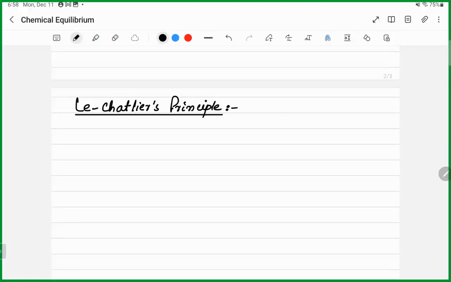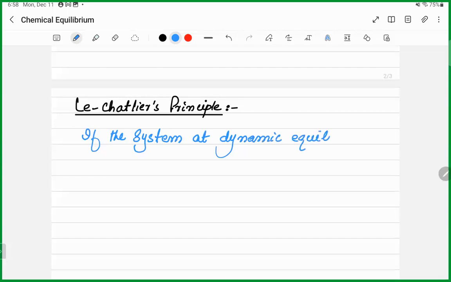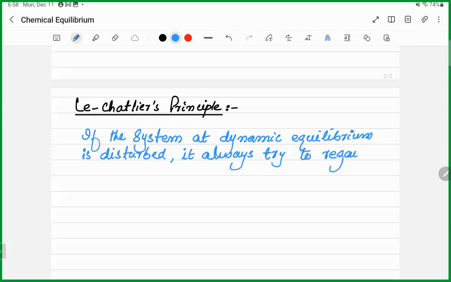Okay, Le-Chatelier's statement is quite simple. If the system is in a dynamic equilibrium and is disturbed, it always tries to regain the equilibrium.